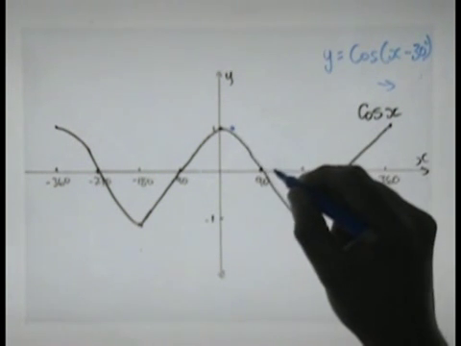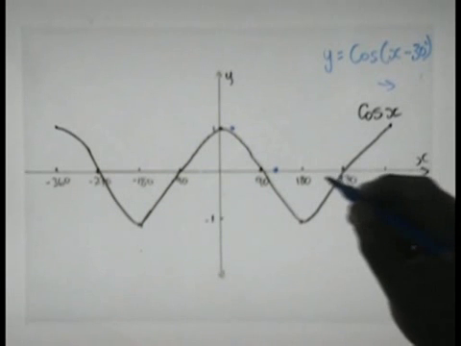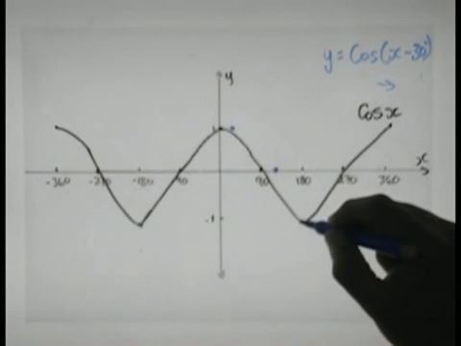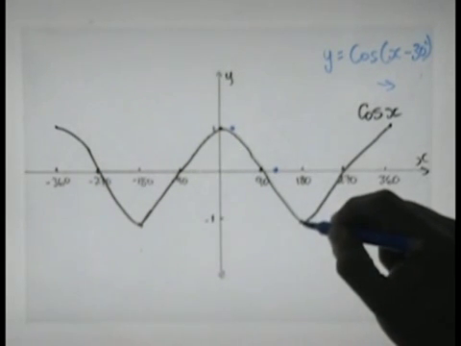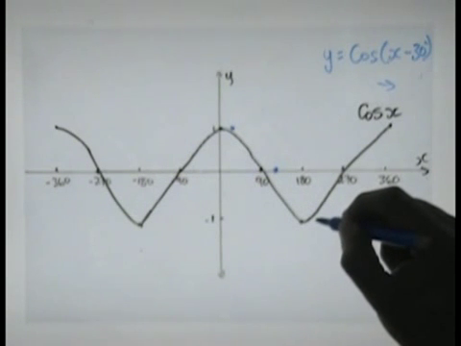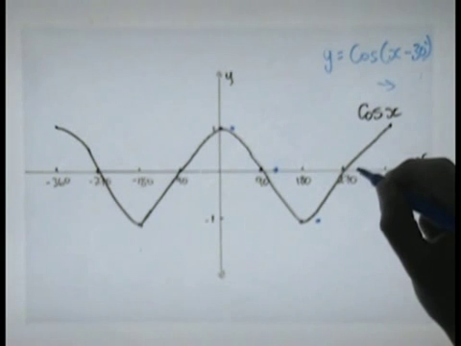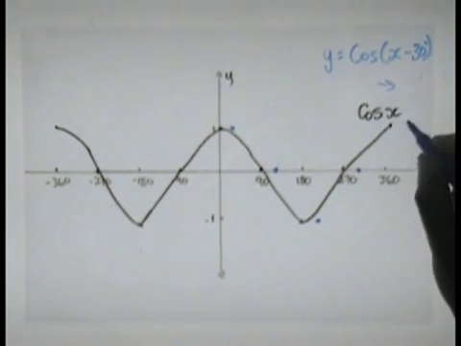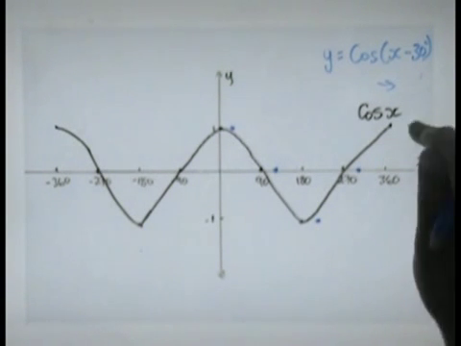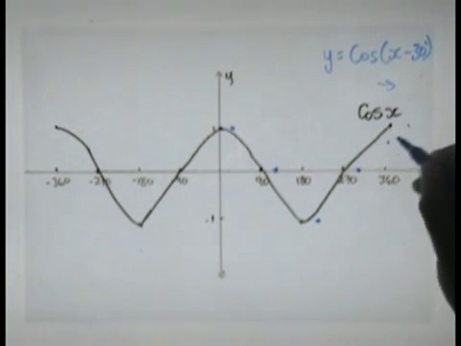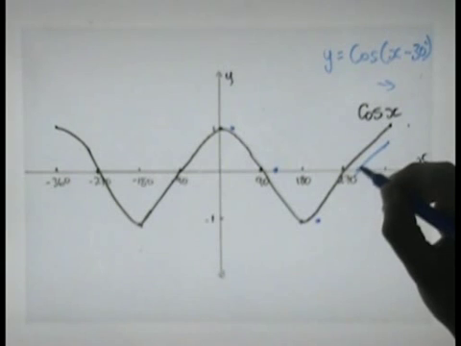Instead of it dropping at 90, it's going to drop at 120. Instead of it being a trough or negative 1 at 180, it's going to be that at 210. That is going to be at 300 degrees, and it's going to peak at 390, but we're not going to go till there.